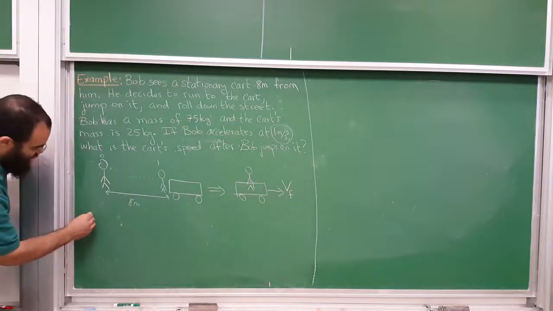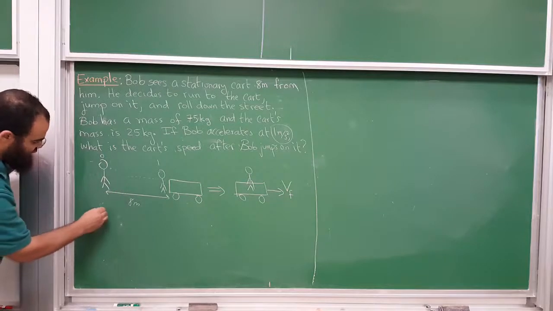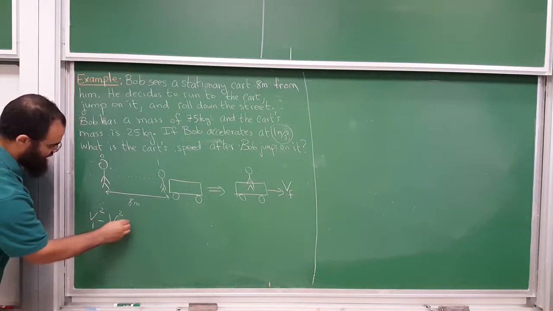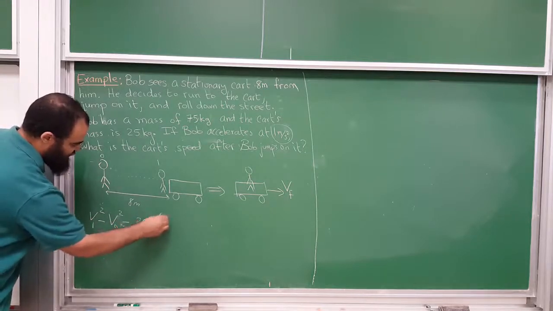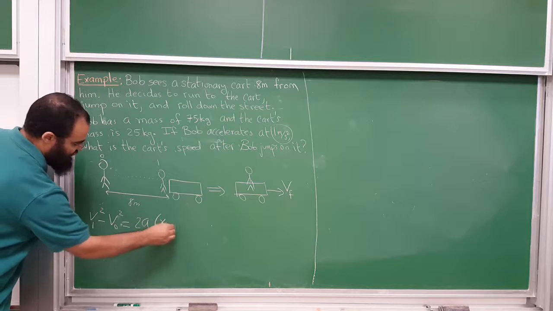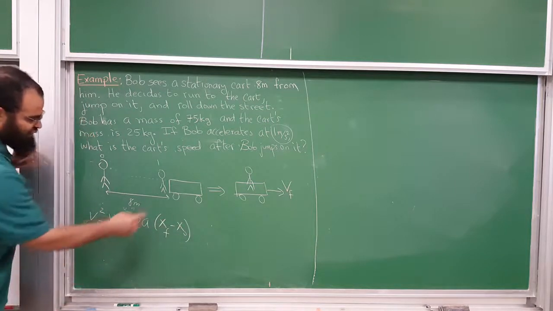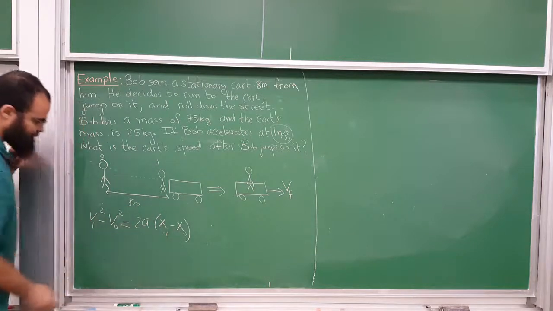So we know that for Bob, v at step 1 squared minus v initial squared at step 0 is equal to 2 times the acceleration times x final minus x initial. Since I'm calling this 1 and 0, let me call it x1 and x initial.